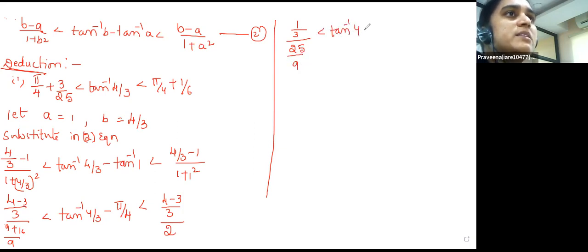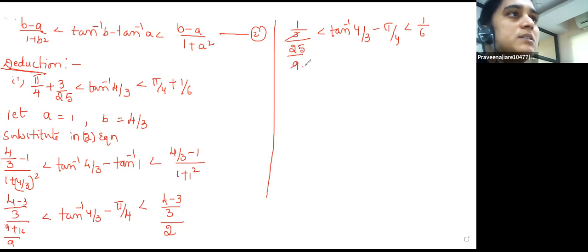From that, 1 by 3 divided by 25 by 9 less than tan inverse 4 by 3 minus pi by 4 less than 1 by 3, 1 by 6. 3 into 2 is 6.